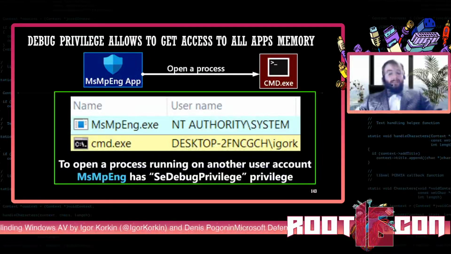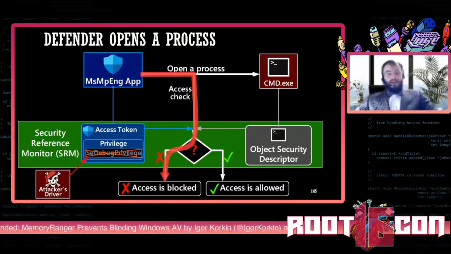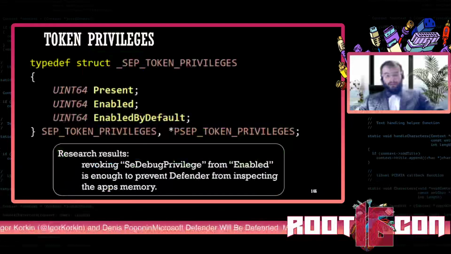As we know, for processes with debug privileges, the Security Reference Monitor always allows full access without any checks. Attackers can revoke the debug privilege from Microsoft Defender to restrict this access. The mentioned privilege is stored in the token structure in memory, and it can be patched by attackers.